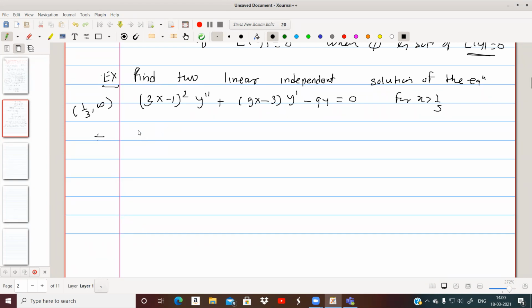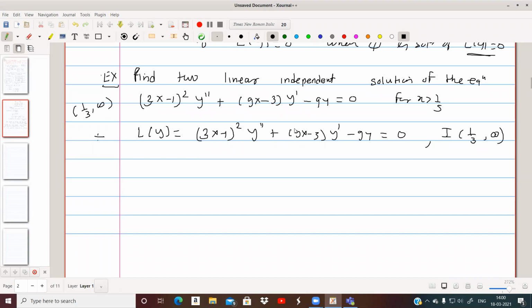Now you have to apply your own logic here. I write the equation first: (3x minus 1) square y double dash plus (9x minus 3) y dash minus 9y is equal to 0. And your interval is 1 by 3 to infinity.